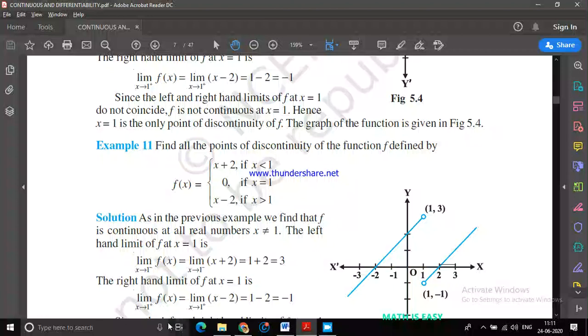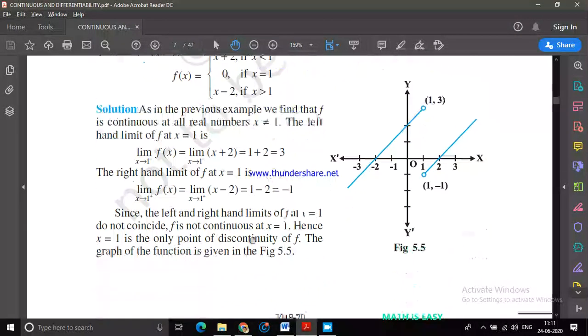Now here also the left limit you found out. Left limit will give me 3, 1 plus 2, and right limit will give me minus 1, and the functional value is 0. So all three are not equal. Left limit is not equal to right limit, is not equal to functional value, hence the function is discontinuous at x equals 1.